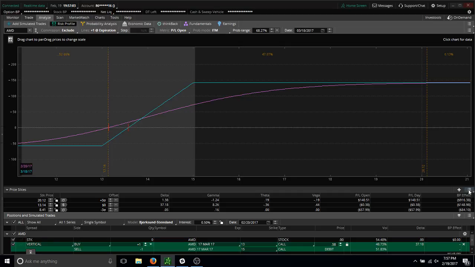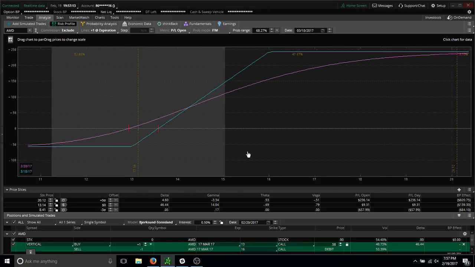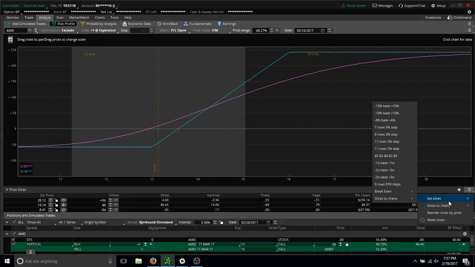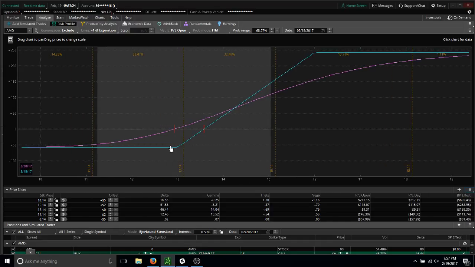Alright, so we'll go and do a different simulated trade and look at profit loss. So let's go out to 16. And we'll set this back to, you can even just do dollar amounts here.